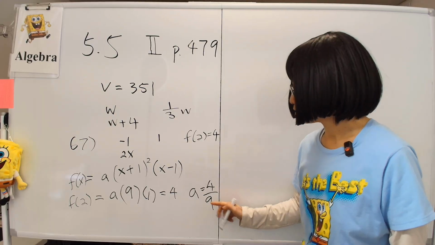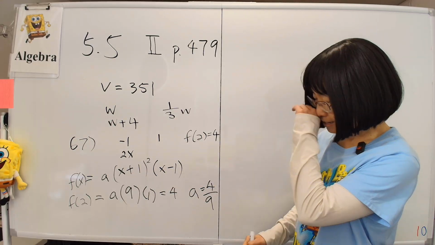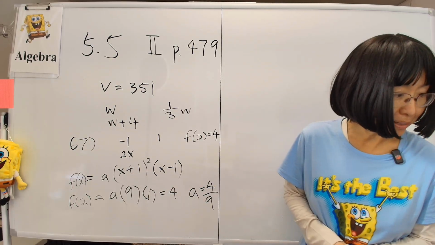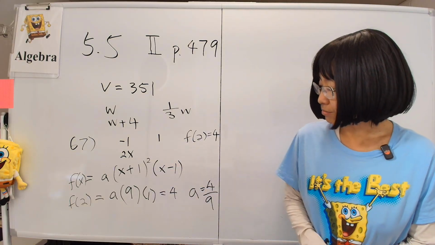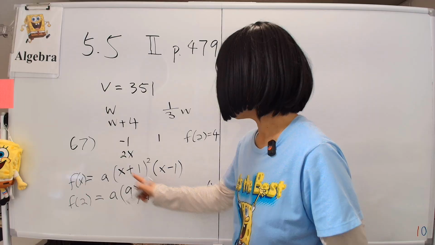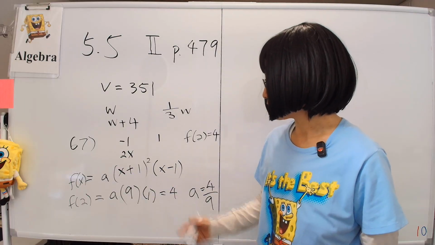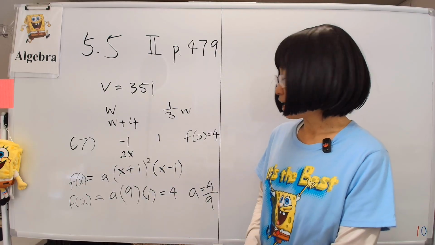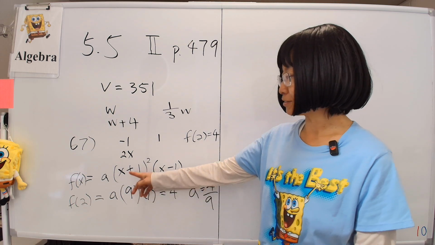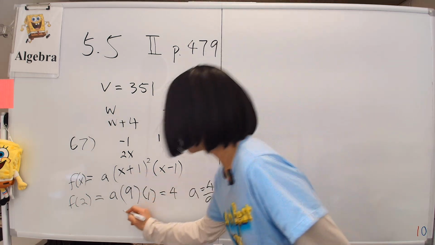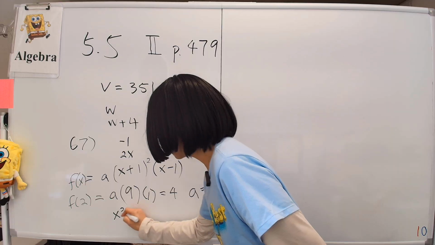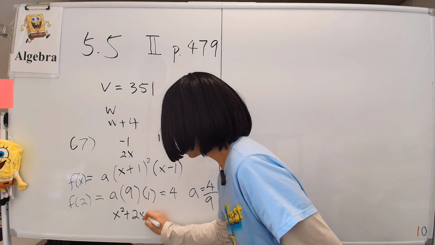Okay, and then you plug that in here, and that should be the right answer, except that the book probably wants us to multiply this thing out, which is okay, I guess. Do I want to do that? Nah, I really don't want to. Why don't you do that by hand yourself? Okay, I'll do this part, which is x squared plus 2x plus 1.